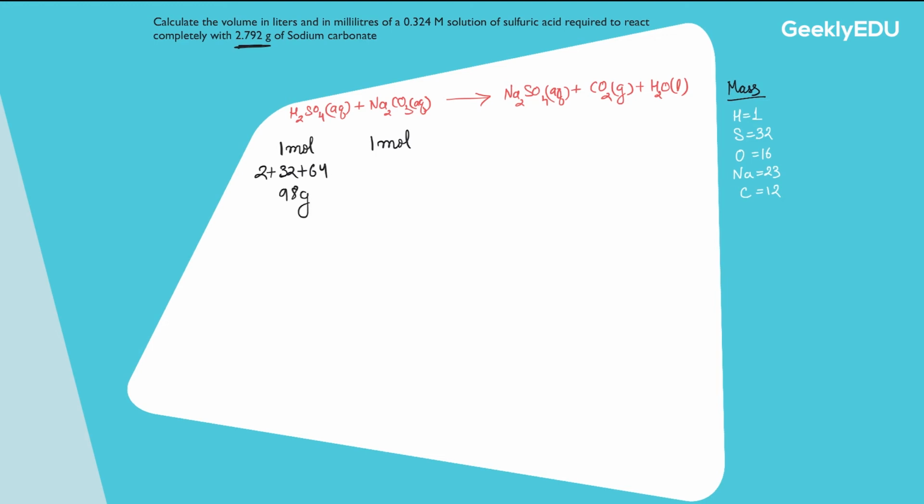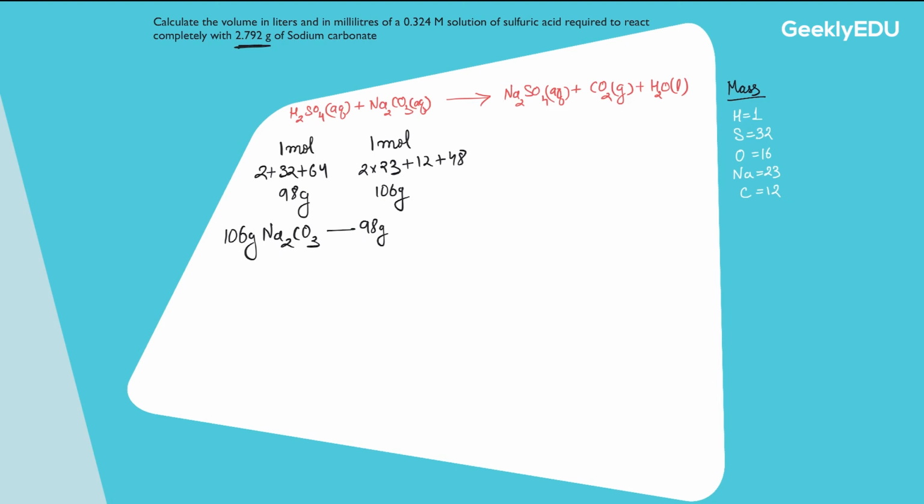So you have 98 grams of H2SO4 reacting with 2 into 23, that is sodium, plus 12 plus 16 times 3, that is 48, so 106 grams of Na2CO3. So 106 grams of Na2CO3 requires 98 grams of H2SO4.